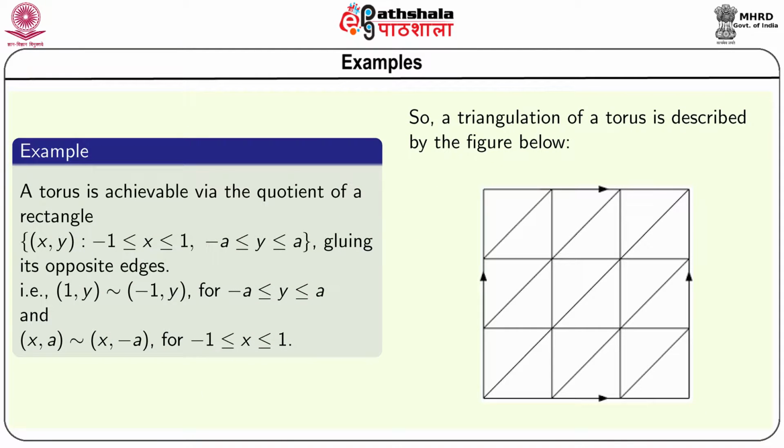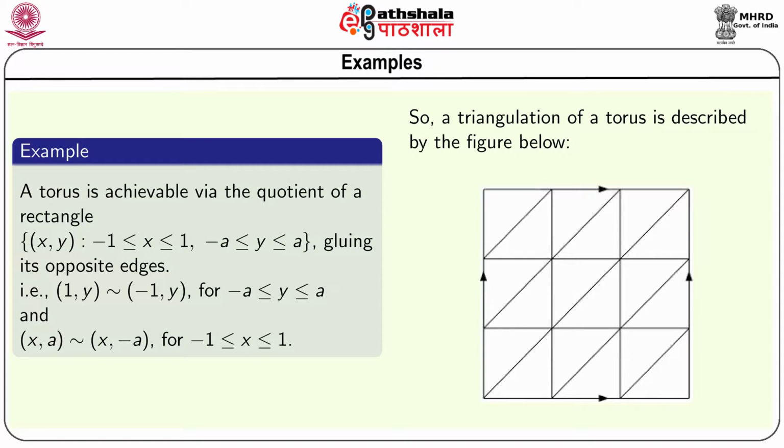The next example gives a triangulation of a torus. Suppose a torus is given. A torus is nothing but a rectangle with the identification described here: the left edge is identified with the right edge and the top edge is identified with the lower edge.